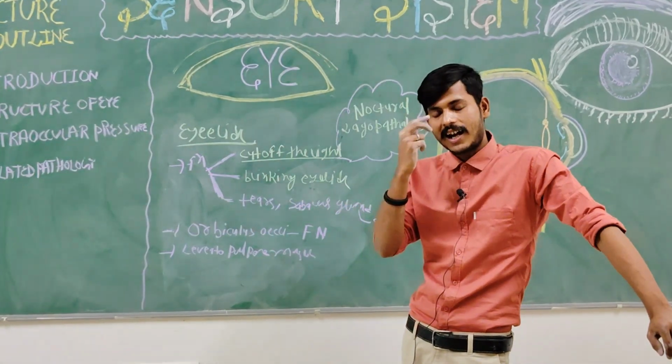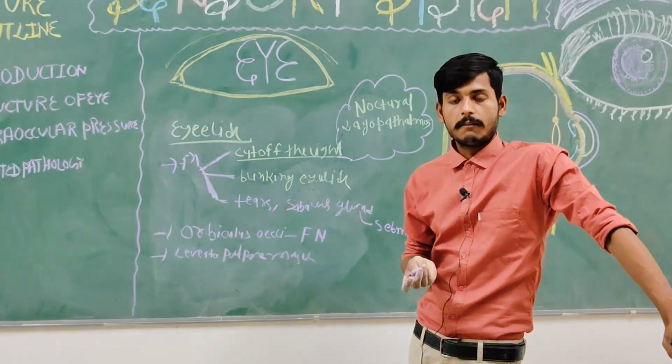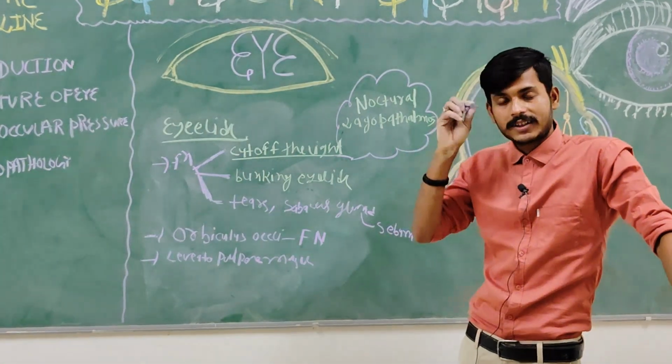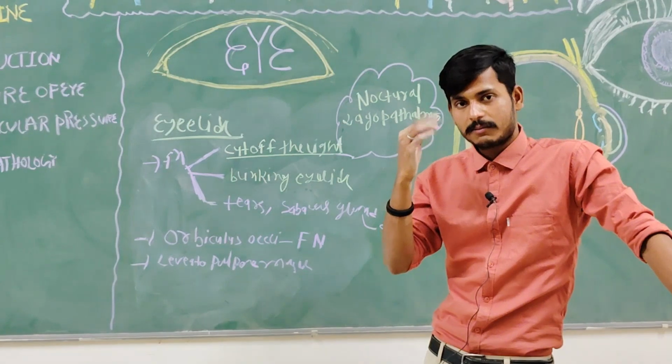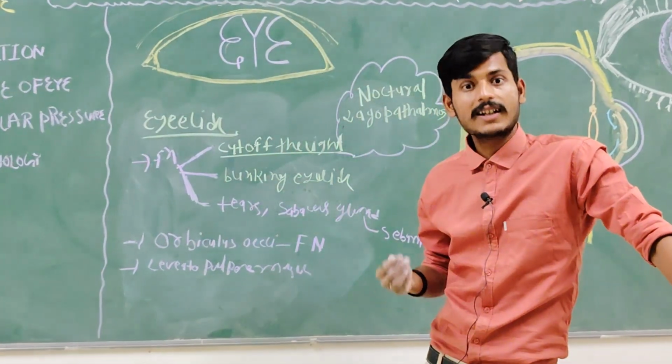Because you know that this eyelid is voluntary, you can move it according to your own will, but most of the time it is involuntary, and during exposure to dust or any particles, it starts blinking on its own. They are involuntary.